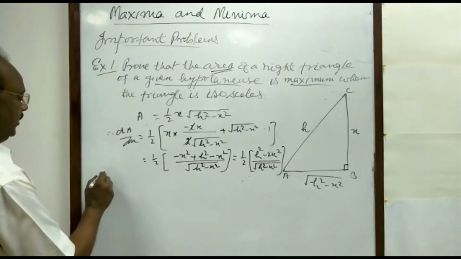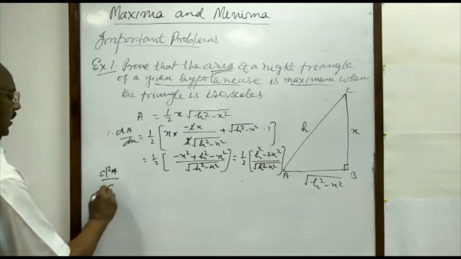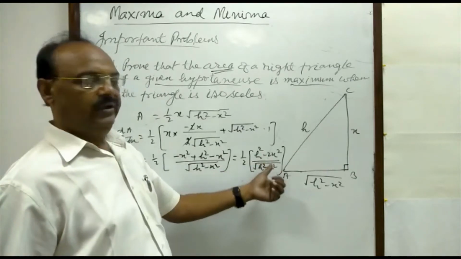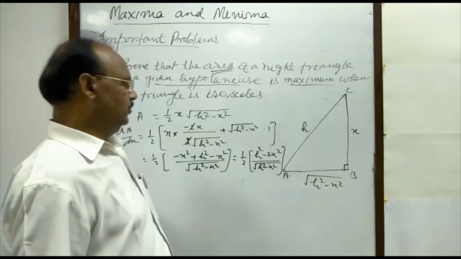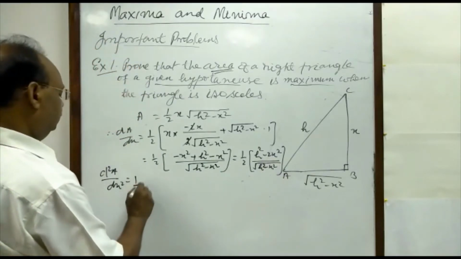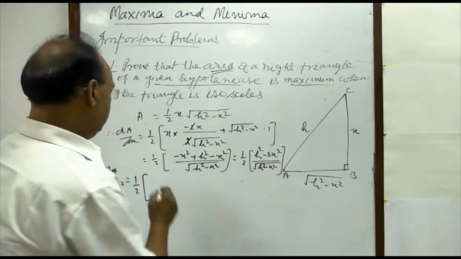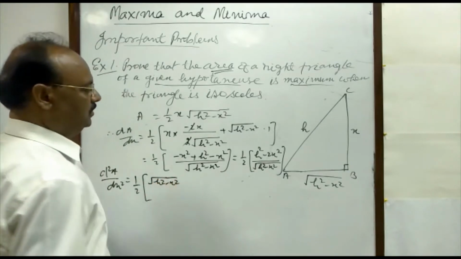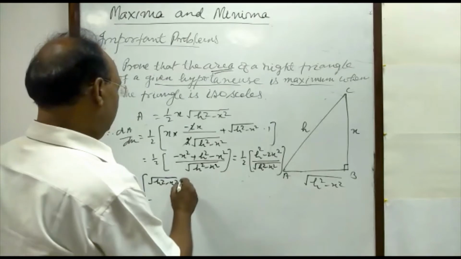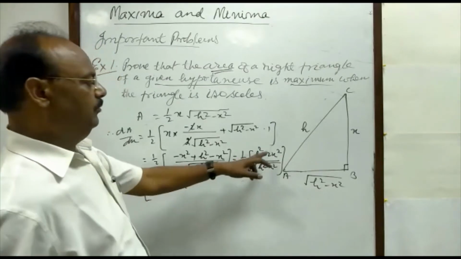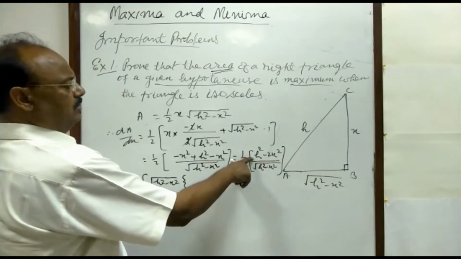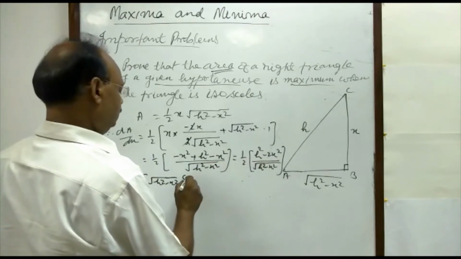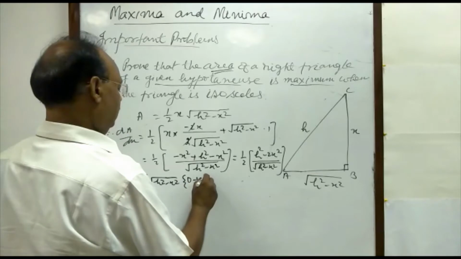Now the second order derivative, d2A upon dx square. We can differentiate it with the help of the quotient rule. So denominator root over h square minus x square into derivative of numerator. The derivative of numerator is 0 and minus 4x, so 0 minus 4x.